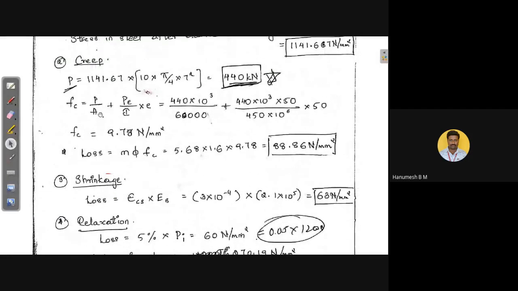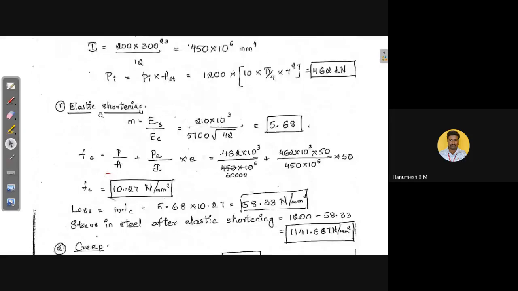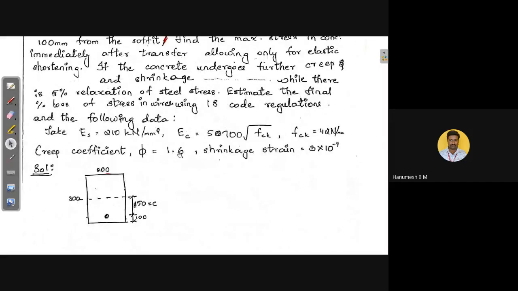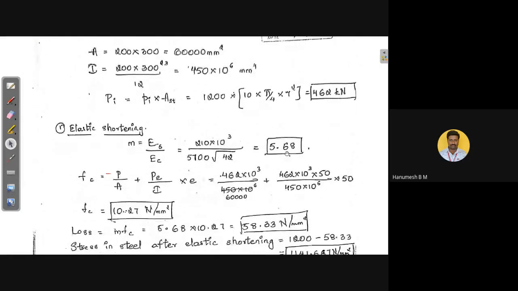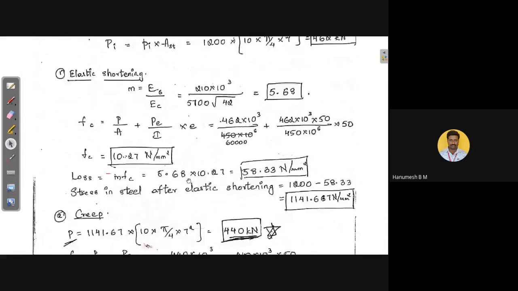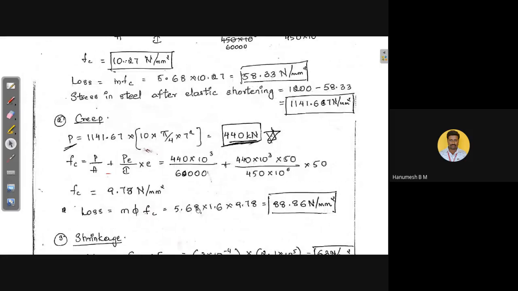Creep coefficient in the concrete, it is 1.6. creep coefficient ಎಷ್ಟಿದೆ, 1.6 ಇದೆ. modular ratio 5.68 ಇದೆ. modular ratio 5.68, creep coefficient 1.6.